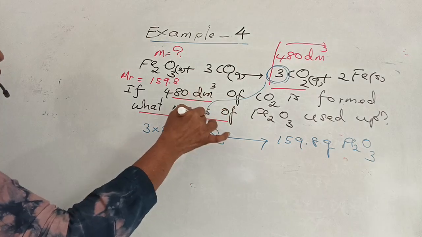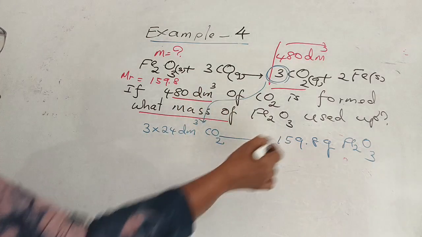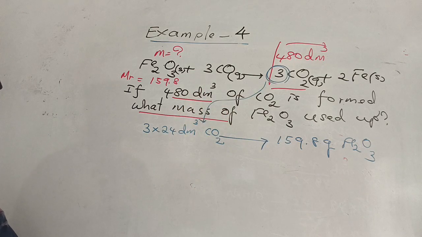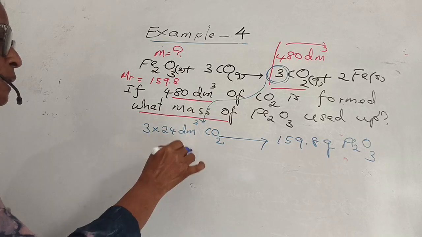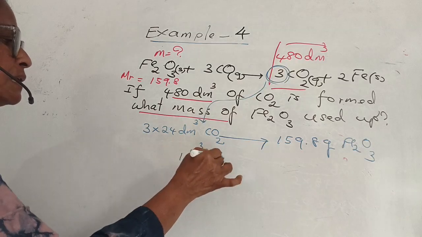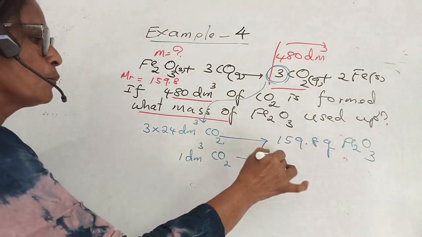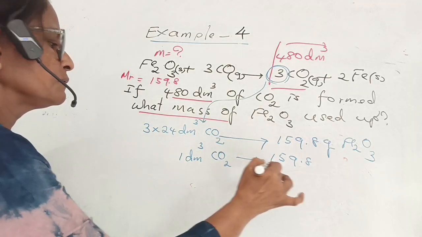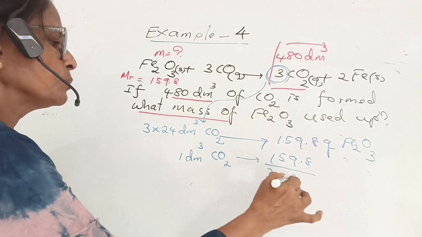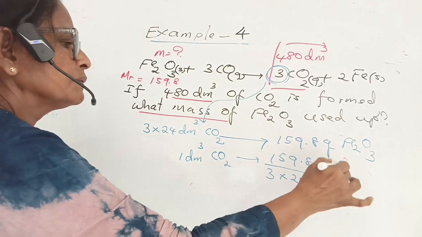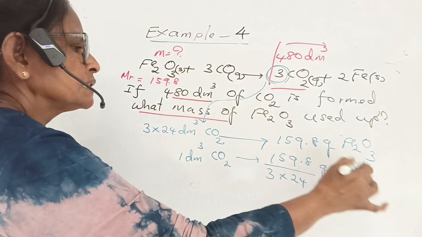Now my known value is the carbon dioxide, and the answer I need is the mass of iron trioxide. So for 1 decimeter cube of carbon dioxide to be obtained, 159.8 divided by 3 times 24 grams of iron trioxide is needed.